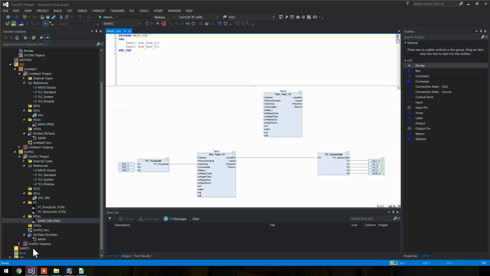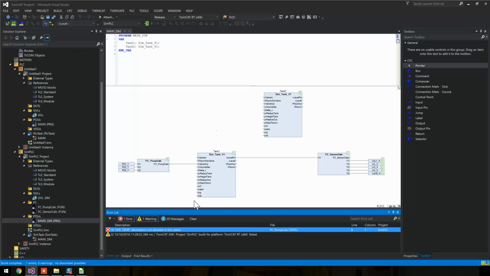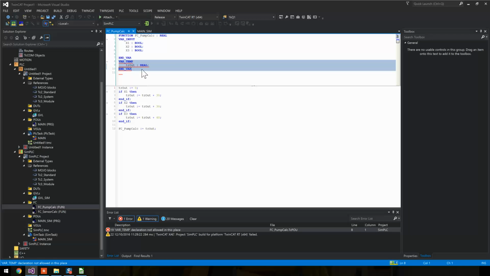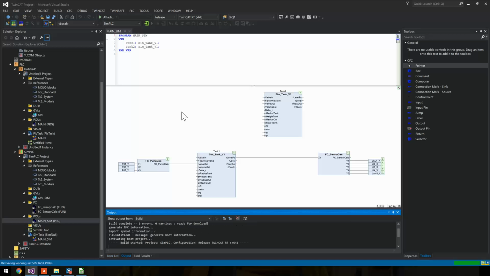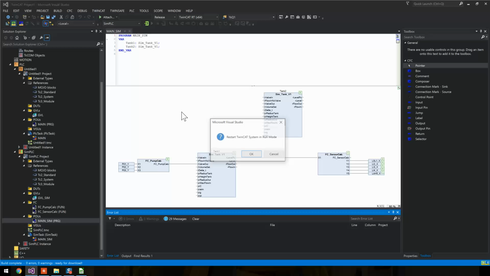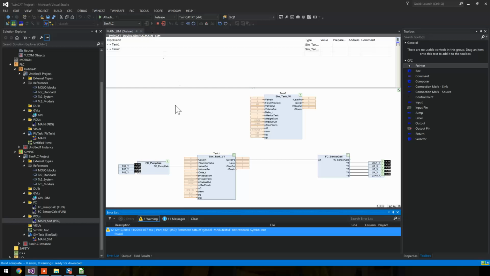Yeah, it's not running because it's not assigned to a task, so let's do that. Remove this one, add this one. Let's activate that configuration. Ah, there we go. Well, then let's just call it var then. Clear those. How about now? There we go.